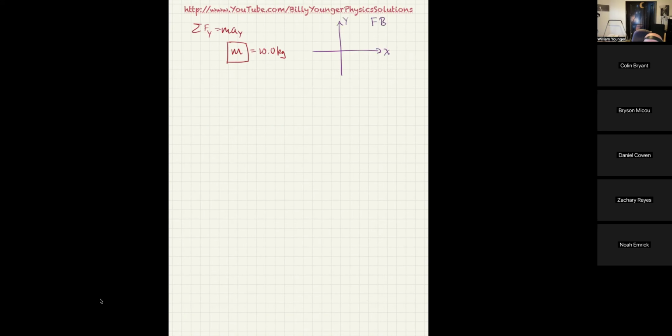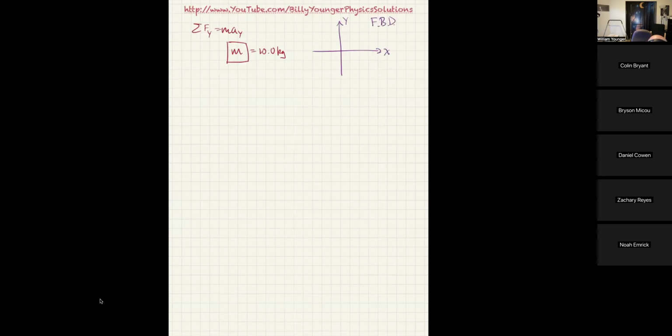But that normal force is important, so let me show you really quickly how we could treat that. If you have an object of mass equal to 10.0 kilograms, then we use Newton's second law, in this case in the y direction. What we want to do is have a free body diagram, or FBD.